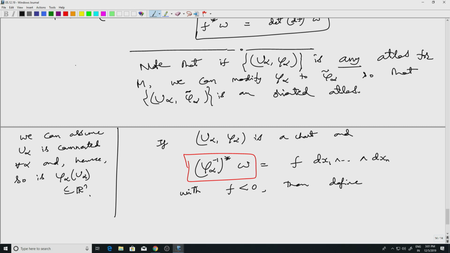Define T from Rn to Rn by T of x1, x2, etc., xn to be just x2, x1, x3, with the other coordinates kept as they are. So I just interchange.